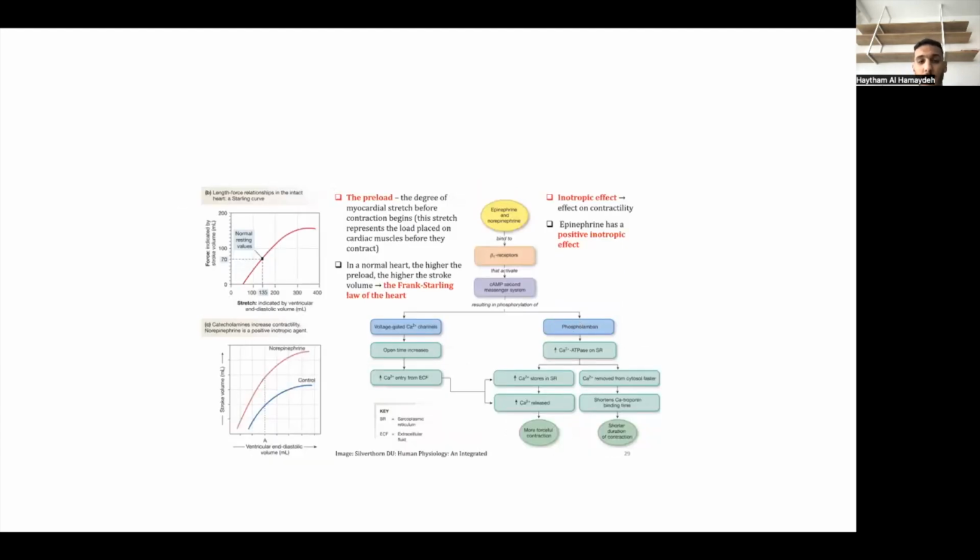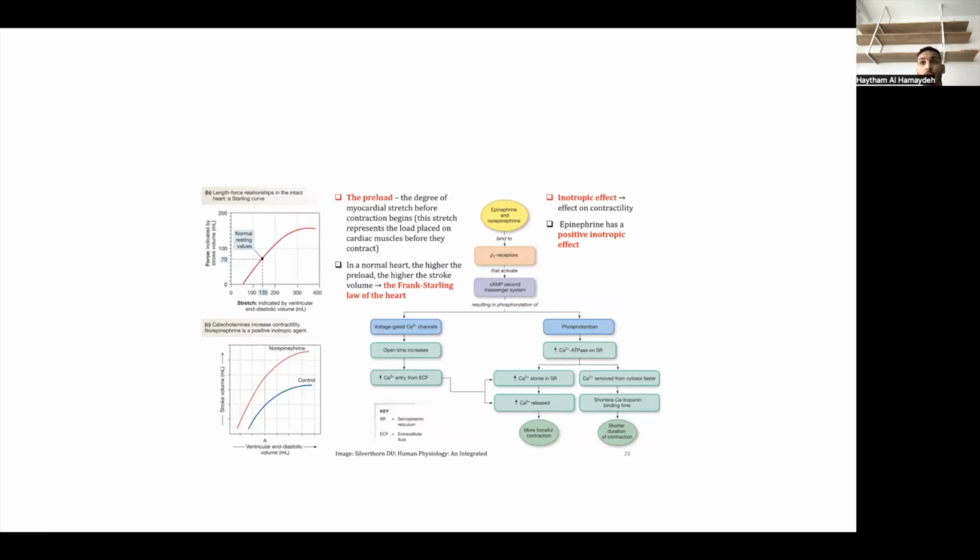Yeah, I remember what he explained here. He said that if the heart receives more blood from the systemic circulation, this causes more stretch.